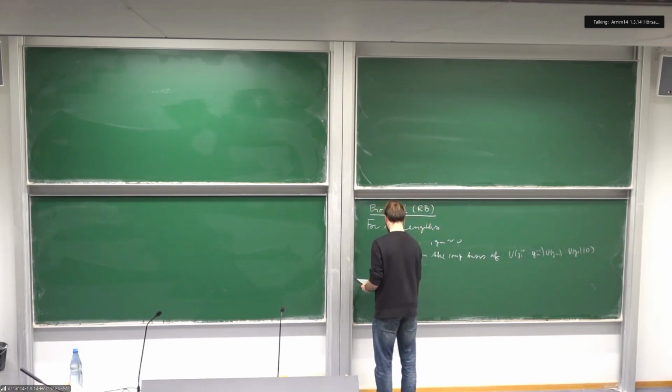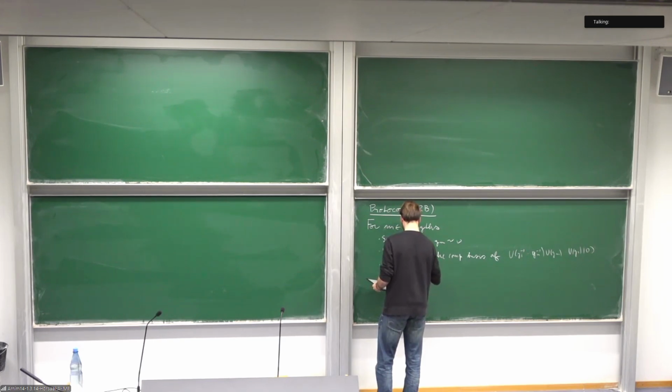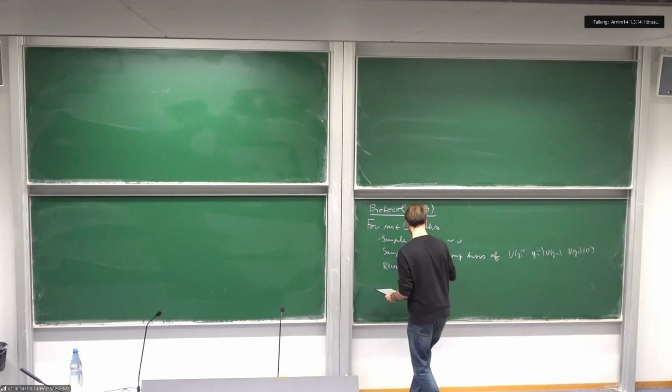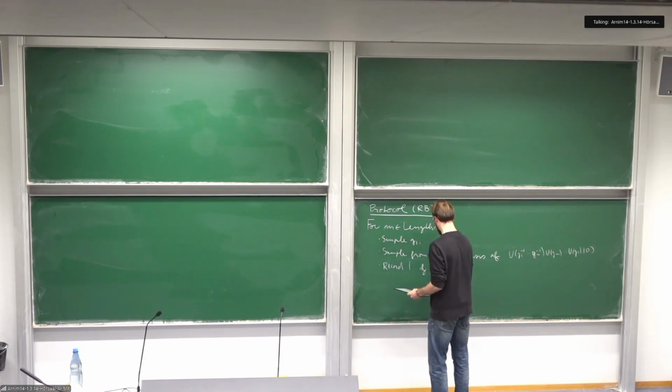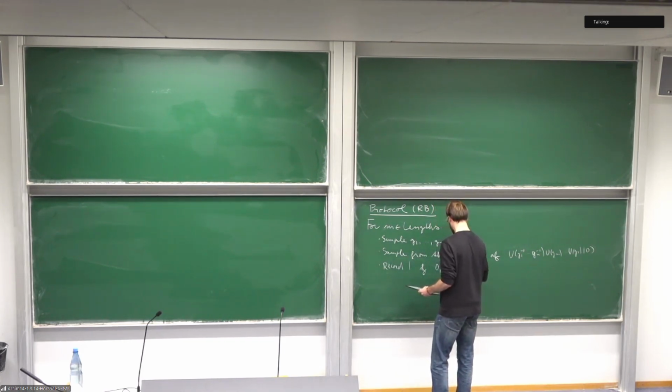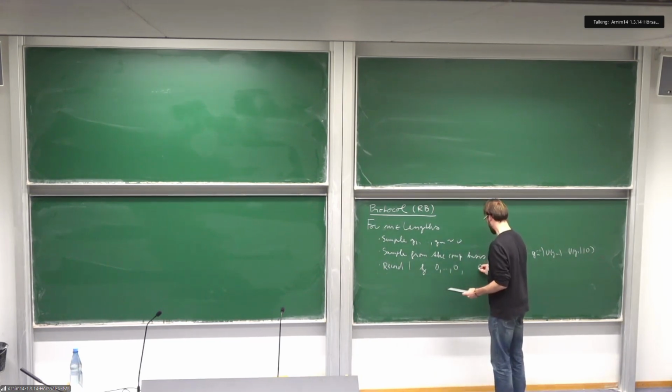Then we record 1 if we get all zeros, and zero otherwise.